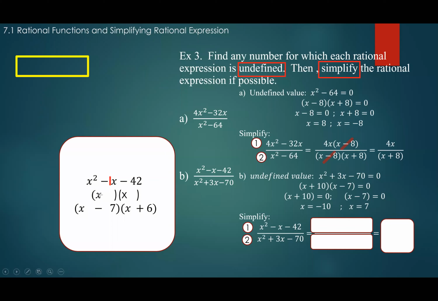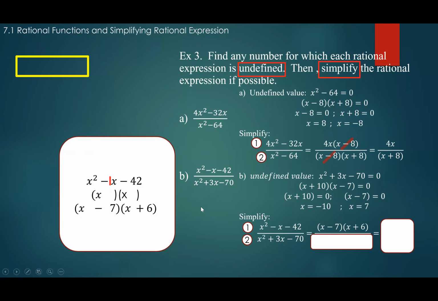Do you agree that we factor it out by putting x, and negative 7 times 6 to give me negative 42? And why is it negative 7? Because the bigger number gets the sign of the middle term. So on the numerator, my factor is x minus 7, x plus 6.